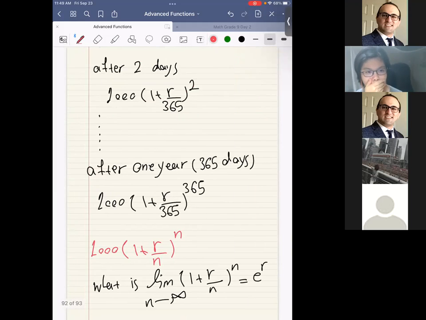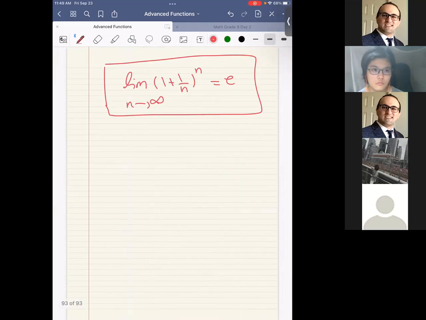So let's go back and look at our example. When you compute the interest every second or every minute, we say compound continuous interest.